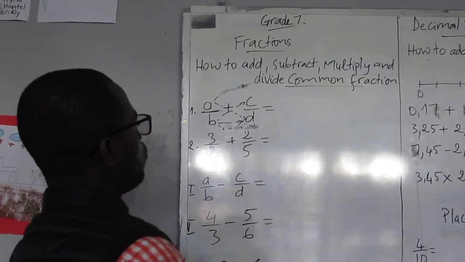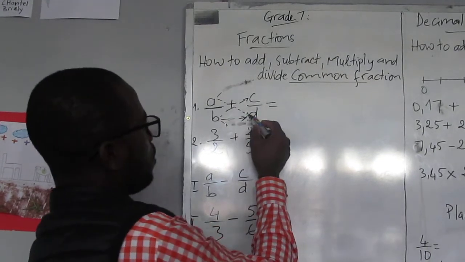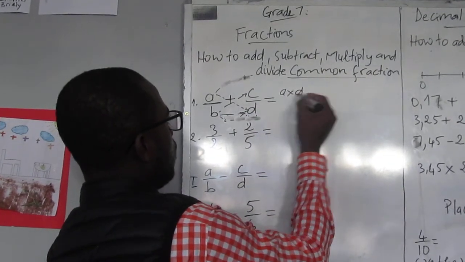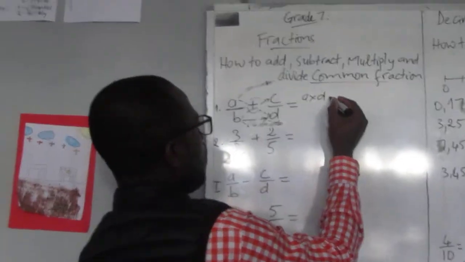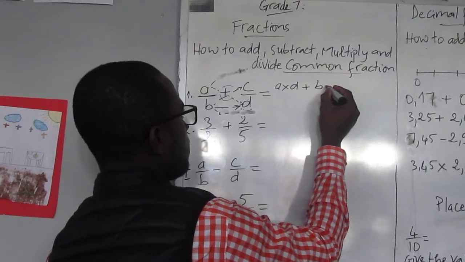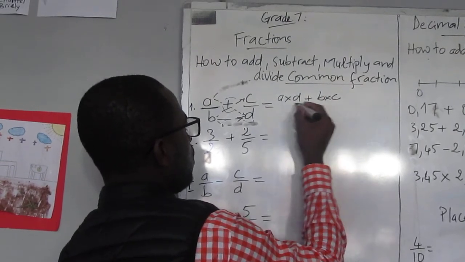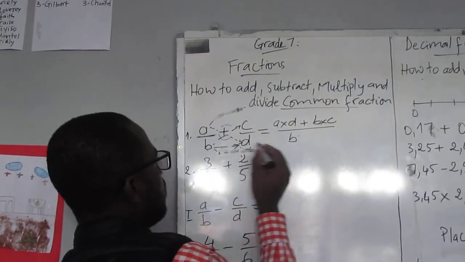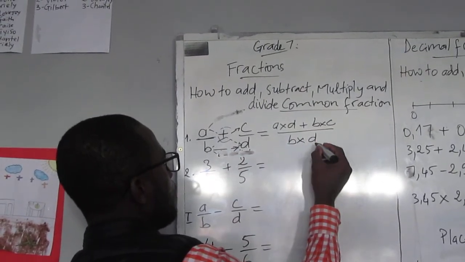So A times D, we keep the sign in the middle, plus B times C, over B times D.